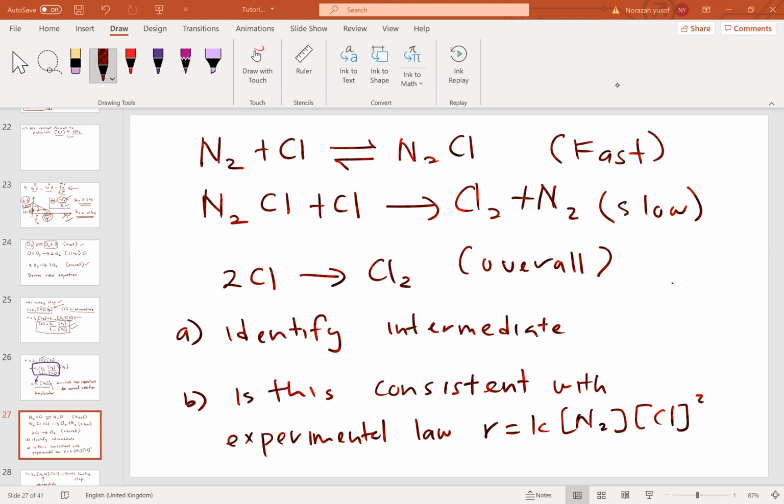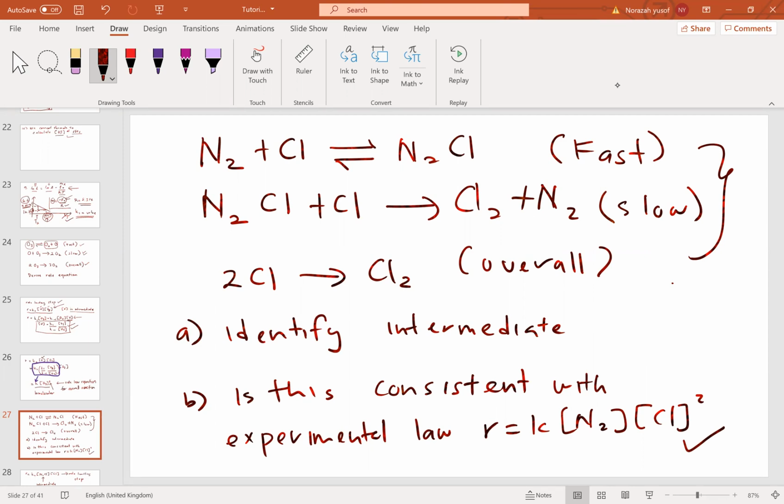The question is asking to identify the intermediate. And B, is the mechanism proposed here consistent with the experimental law? So we have to prove, by using this mechanism, that it is consistent with what was observed from the experiment. The first thing is to identify the intermediate.